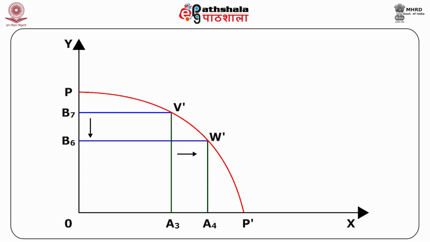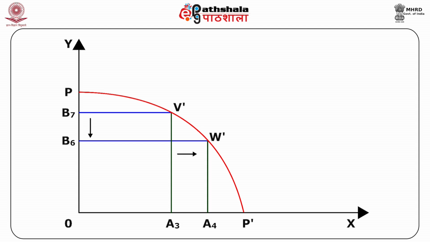In this diagram, therefore, we notice that corresponding to B7, the production of X lies on isoquant A3, and corresponding to B6, which is a lower level of production of Y, the corresponding isoquant is A4. Therefore, it shows from the arrows that the production of Y goes down and the production of X goes up.